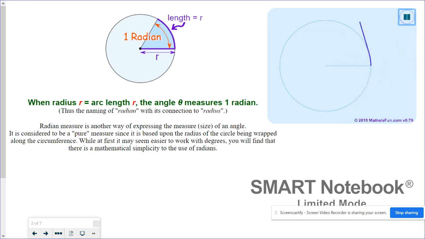So what radians do is they make a connection between the actual measure of the angle and the radius of the circle. If you need something more concrete, imagine a circle with a radius of 10 and an arc that's also 10 units long. That slice created, that's what 1 radian looks like.